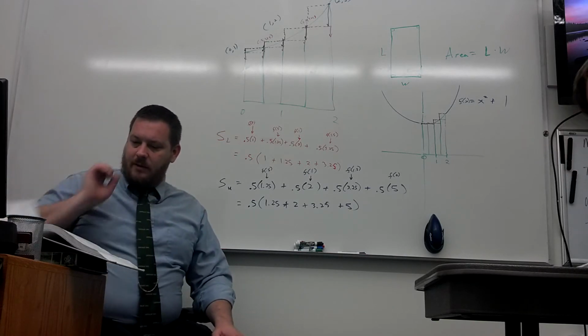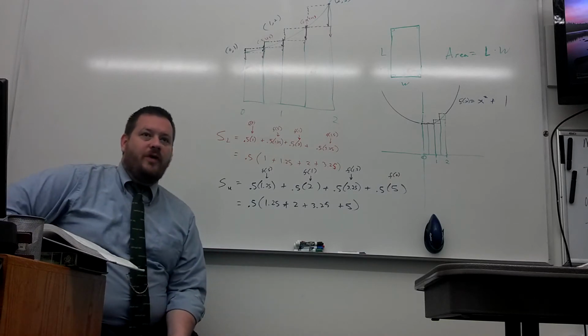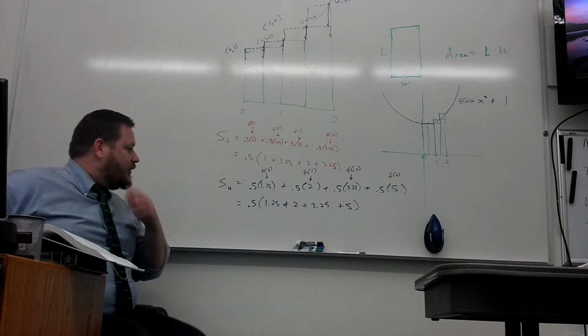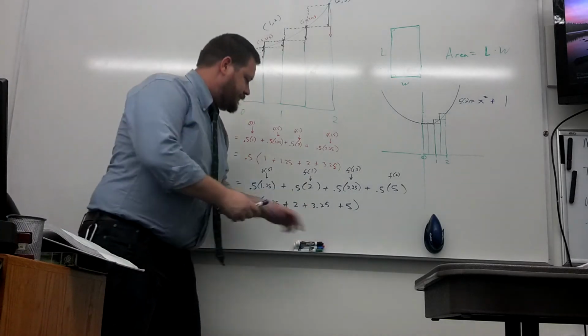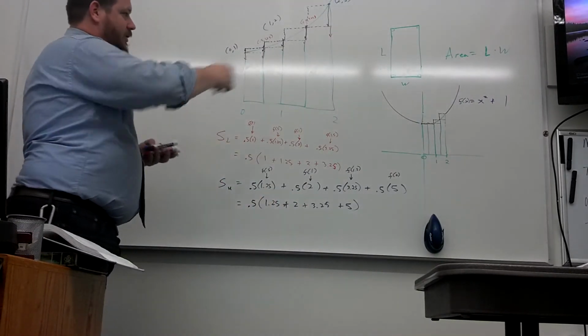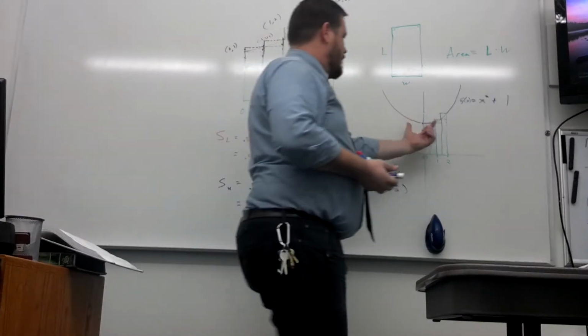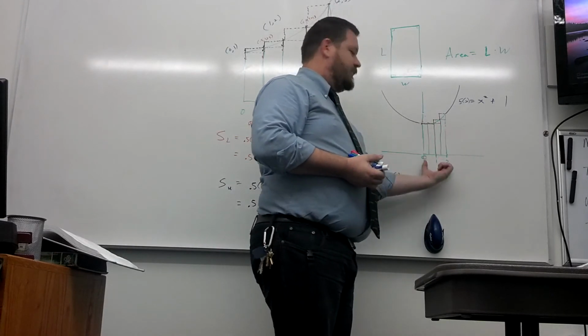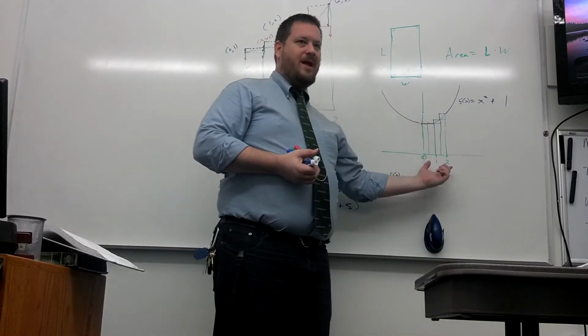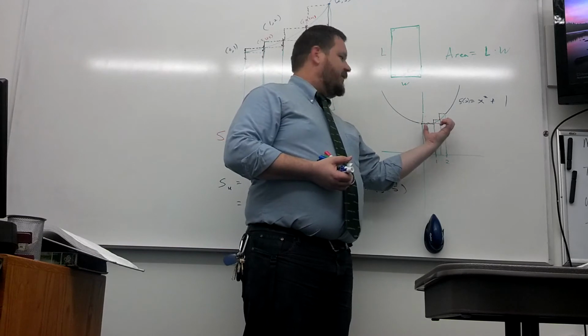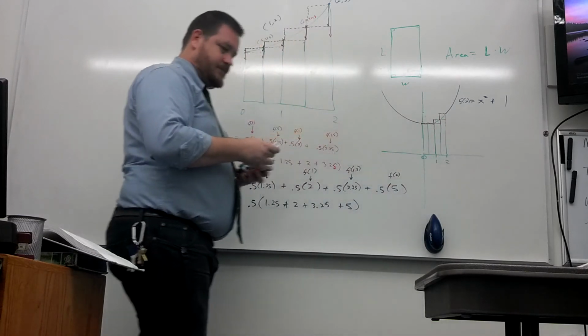So that's the idea of an upper sum and a lower sum. Well, what's that going to look like? This is all fine and good because I did it with the area under a parabola where the parabola is only increasing.